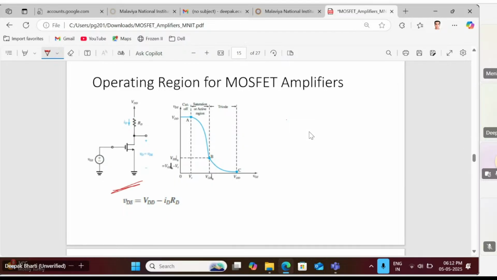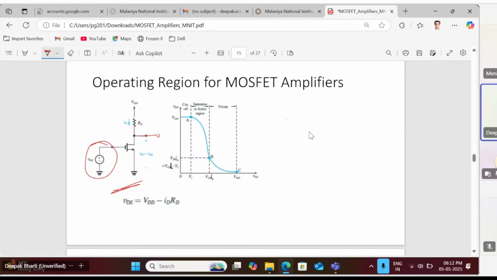This RD is connected to the drain and VDD, the input is applied at the gate, and the output is taken from the drain.